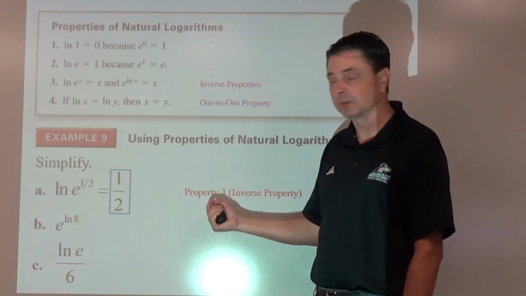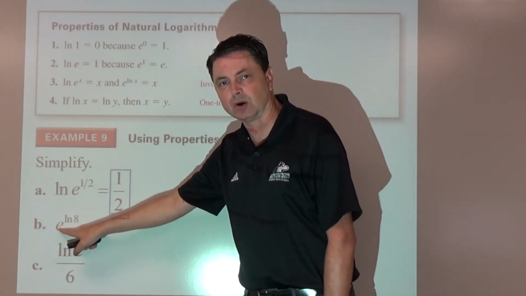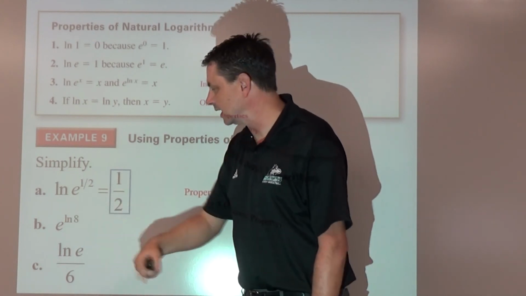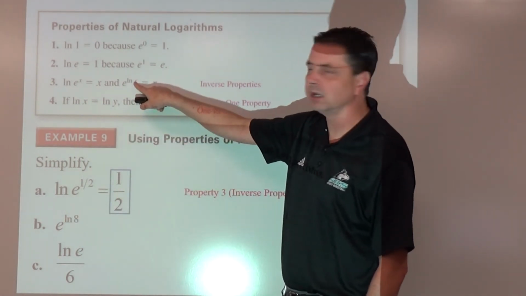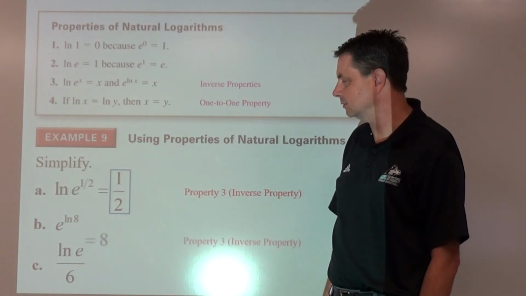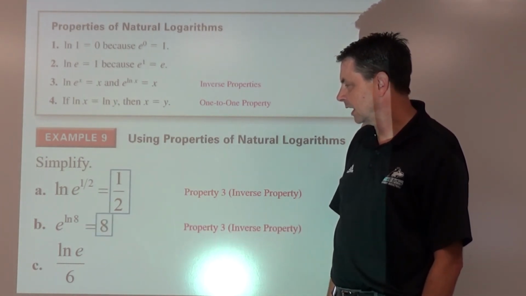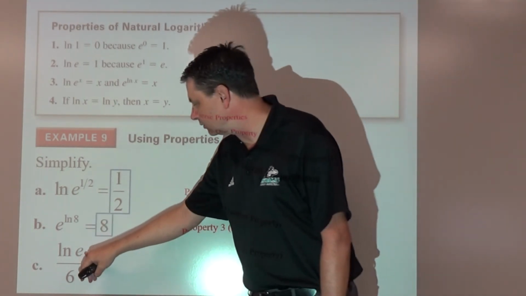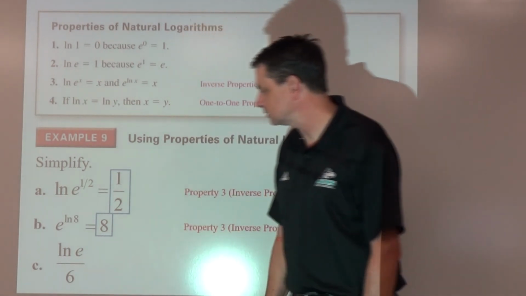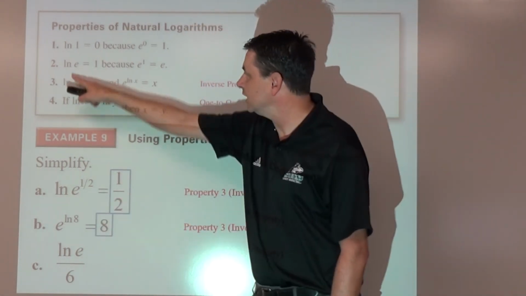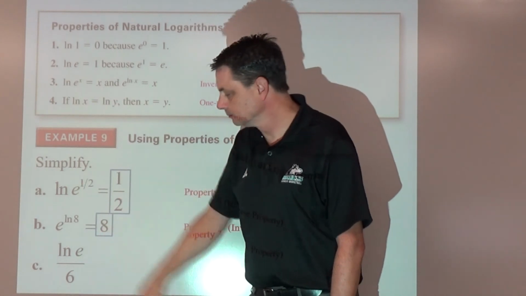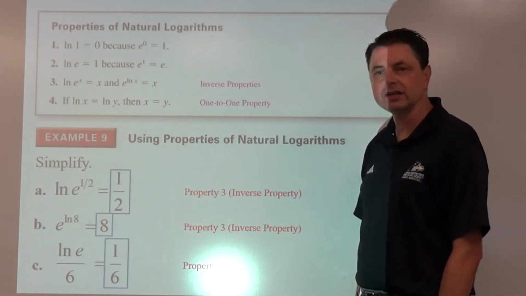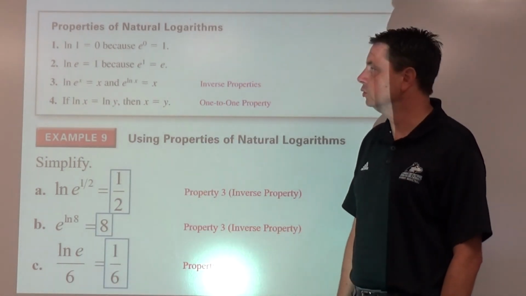Again, natural log is log base e, so e to the power and natural log cancel out. The answer is 8. And part C, the natural log of e over 6. Well, the natural log of e is 1, so we just get 1 over 6. We use property 2 for that one.